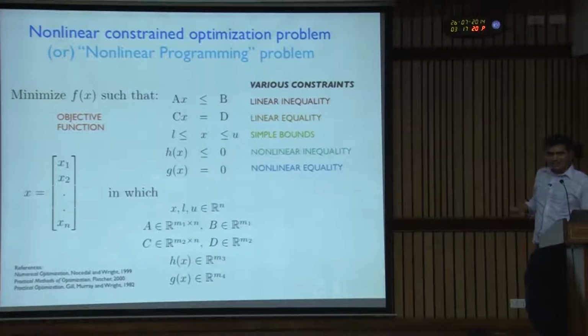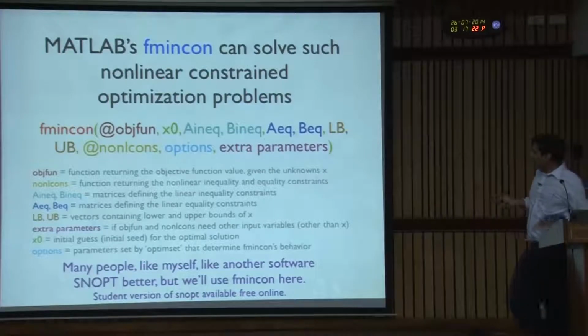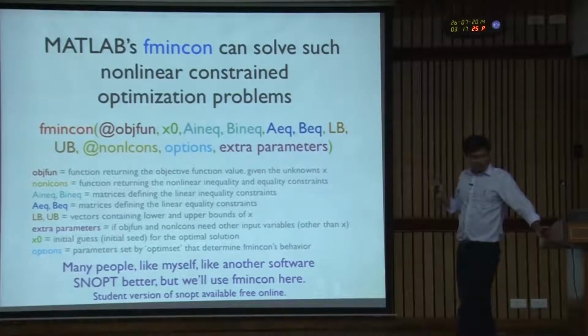Okay, anyway, so this is a general optimization problem, and MATLAB and many other software packages have ways of solving this class of problems. fmincon is MATLAB's version of the function that solves this class of problems, and it has these pieces. The first piece is the objective function, which in this case is f. X naught is the initial seed, in other words, the guess for what the optimum is.